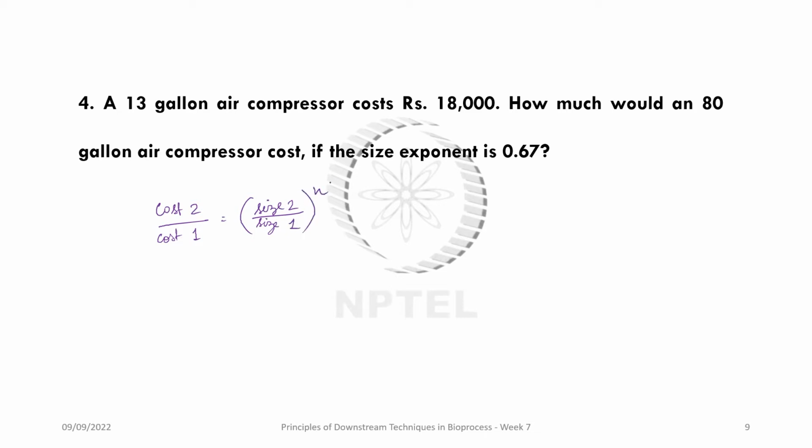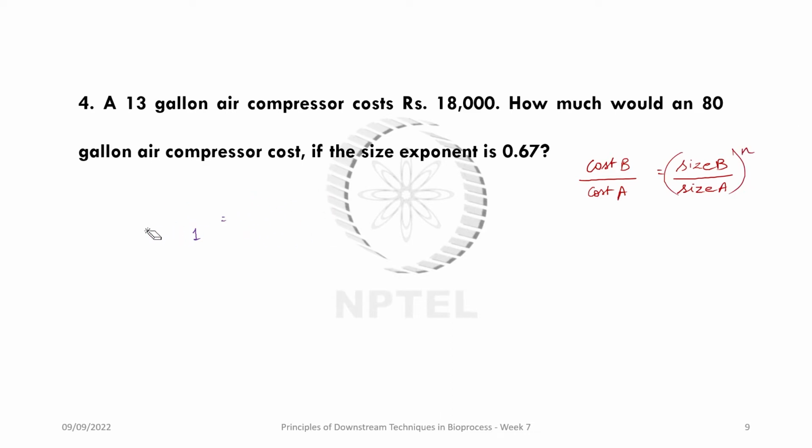So do you remember this? Let me write here again. Cost 2, cost 1, maybe I'll write it as cost B by cost A is equal to size B by size A, whole power n. So do you want to solve this and tell me?